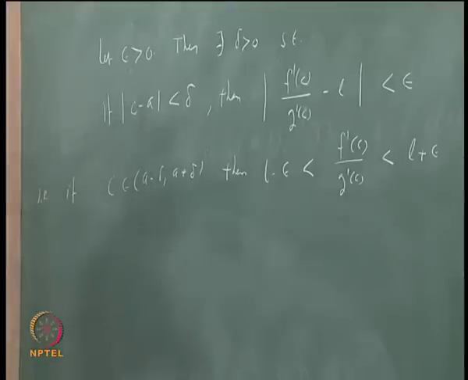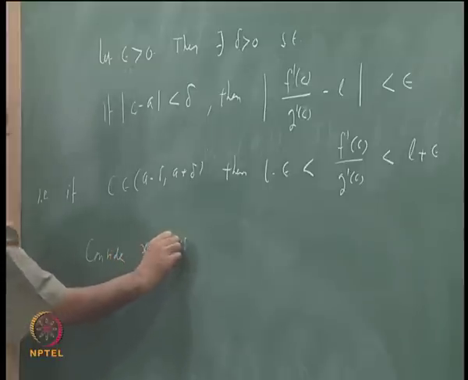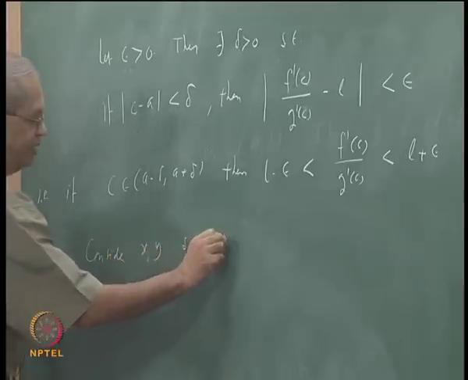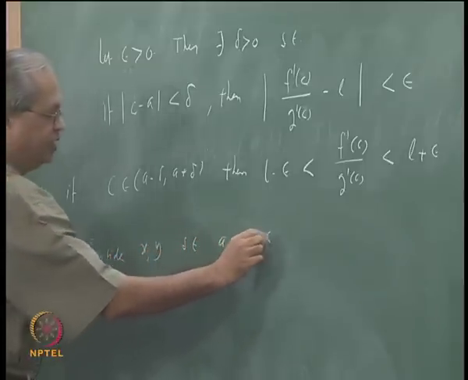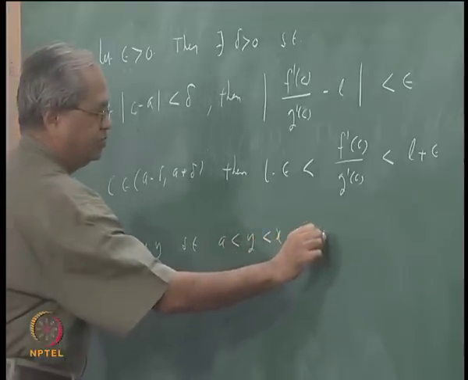Now let us consider some points x and y in this interval a minus delta to a plus delta. For the time being let me say a less than y less than x less than a plus delta.